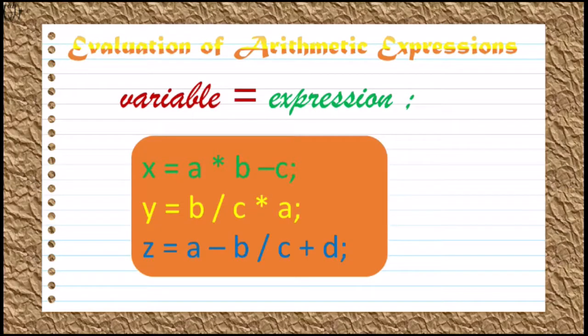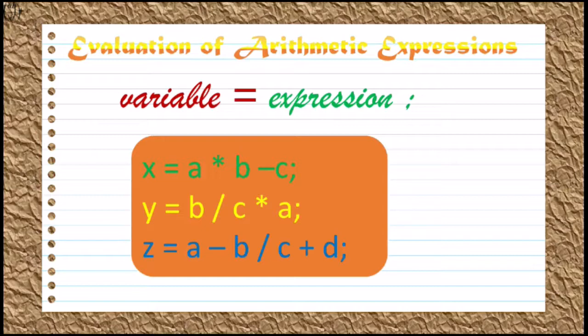Examples of evaluation statements are: first one, x equal to a into b minus c semicolon. Second example, y equal to b divided by c into a, and then semicolon. Another example is z equal to a minus b divided by c plus d, and then the last semicolon.